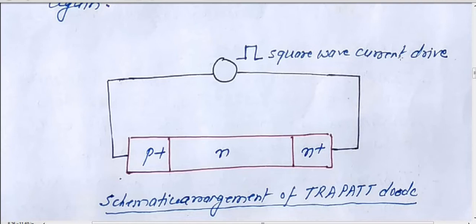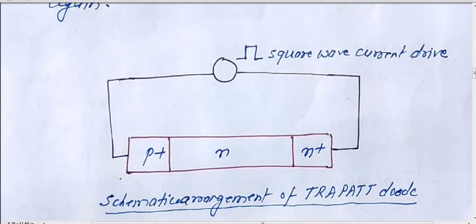Also, as the TRAPATT diode is biased beyond its breakdown point, the current density is larger than that of an IMPATT. This decreases the field in the space charge region and increases the transit time. As a result, the frequency of operation is typically below about 10 GHz.